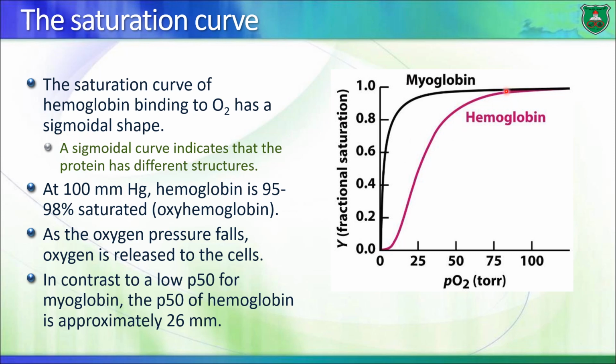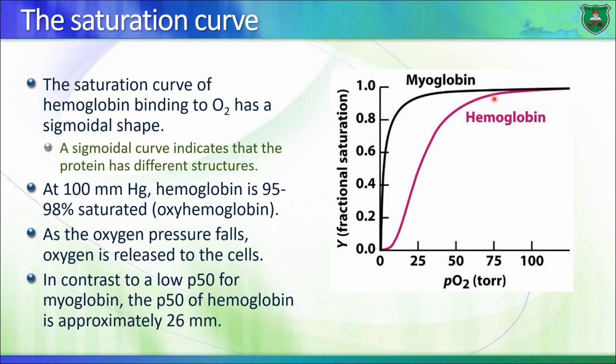So it looks like an S, the letter S. Now, what a sigmoidal plot means is that the protein has two states or two structures. At low oxygen pressure, it has a low affinity state. At high oxygen pressure, it has a high affinity state.